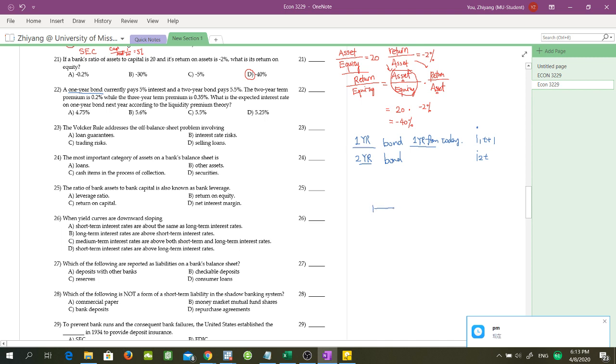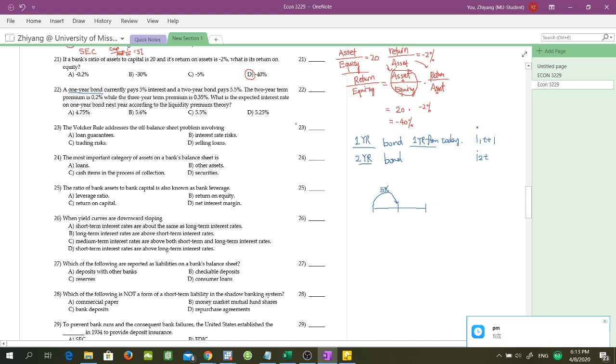Since we're trying to get a 1 year bond next year, we're talking about something happening within a 2 year period, right? The 5% interest rate is always easy. This is the 5%. But the 5.5% is a little bit tricky.